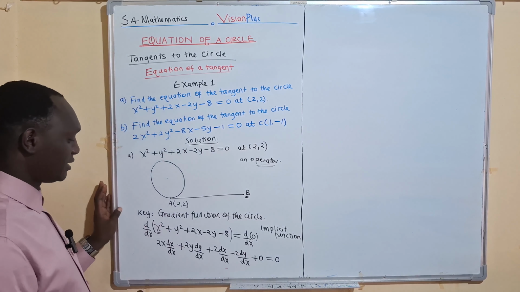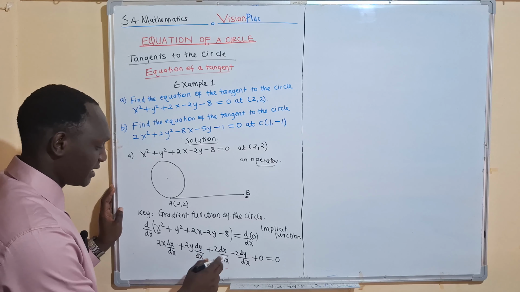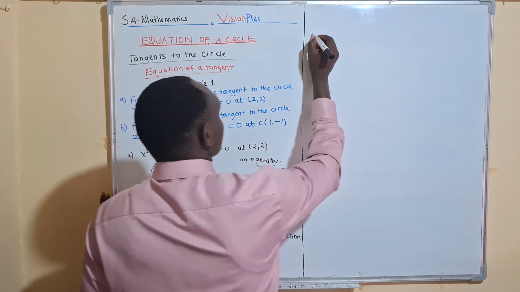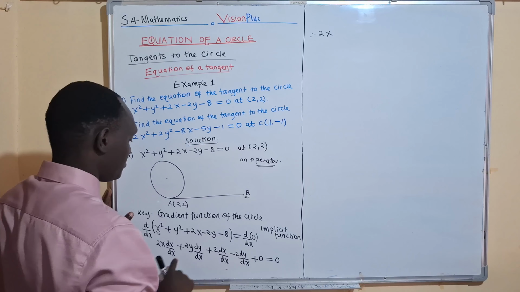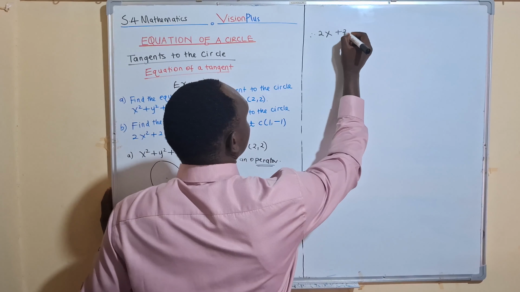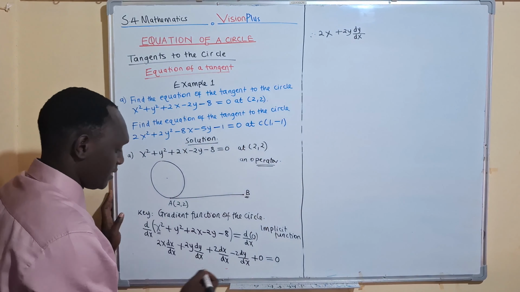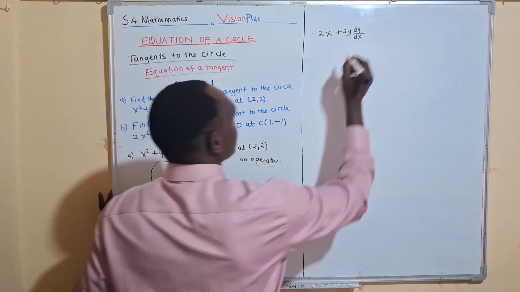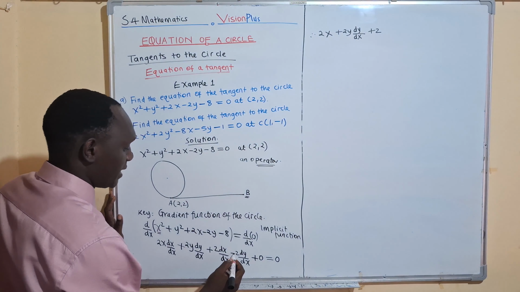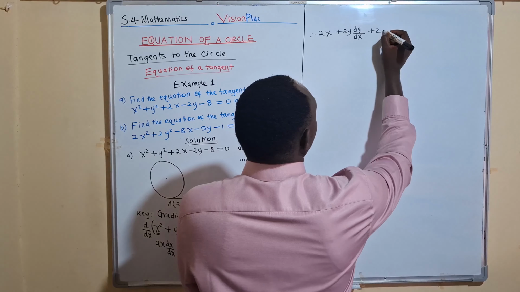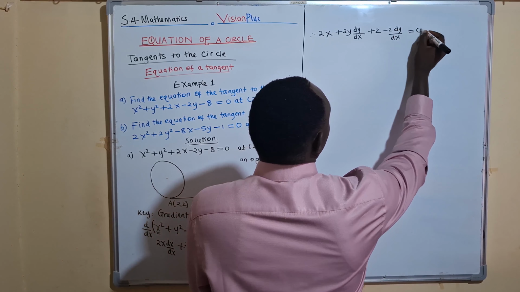From here, you can see clearly that dx and dx will cancel. Therefore, we shall have 2x plus 2y dy dx, plus 2, minus 2 dy dx equals 0.